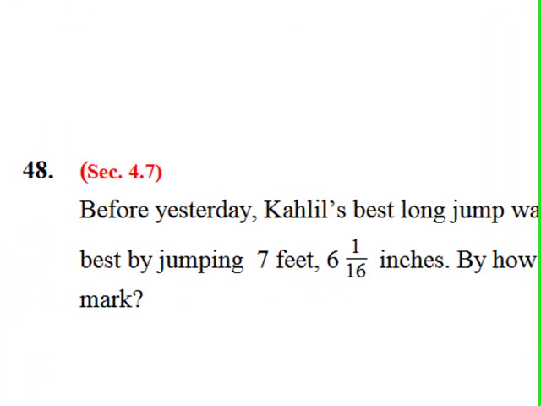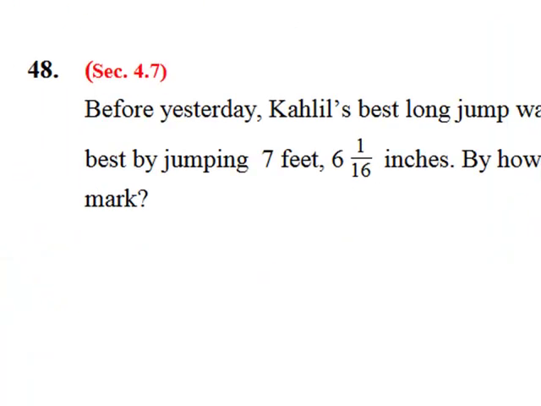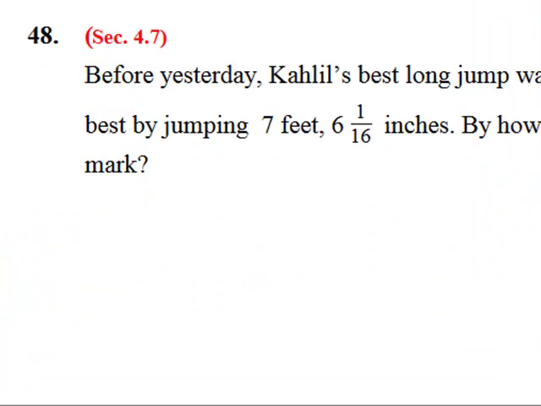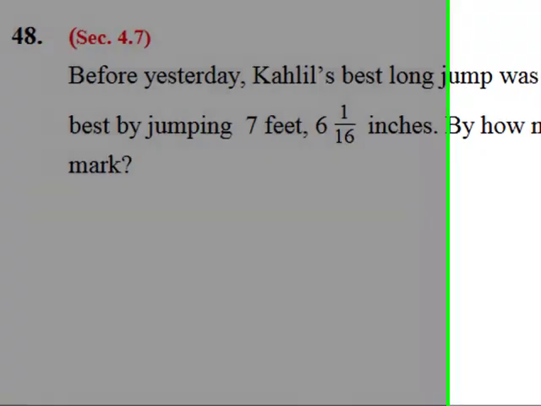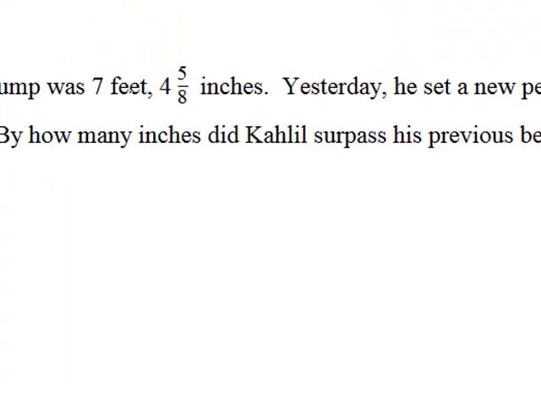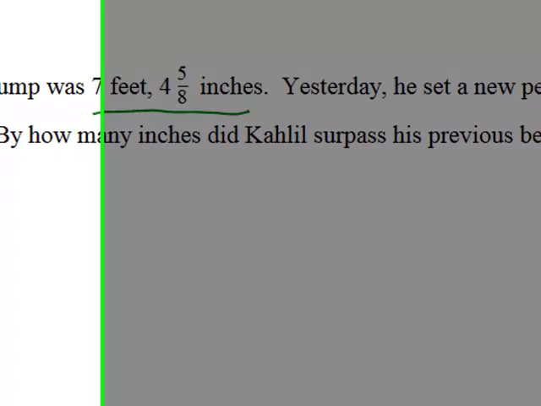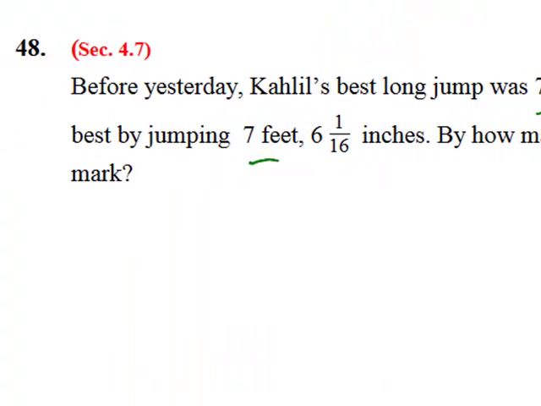Okay, let's look at the very last problem in the set. Before yesterday, Khalil's best long jump was 7 feet 4 5/8 inches. Yesterday he set a new personal best by jumping 7 feet 6 1/16 inches.